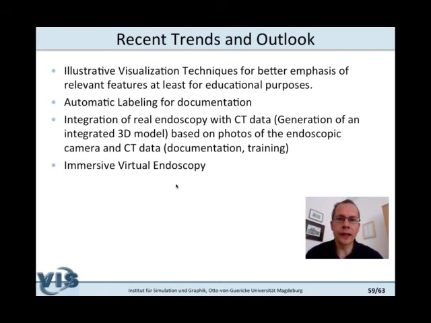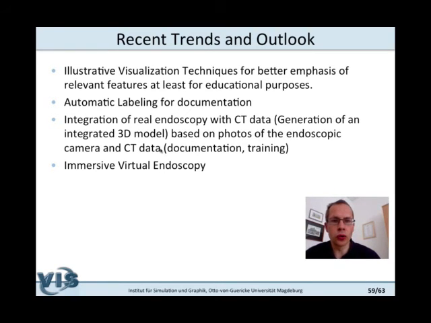My outlook has 4 components. I want to show some examples of using illustrative visualization techniques like silhouette rendering and hatchings to emphasize features in virtual endoscopy. I also want to comment on how CT data and endoscopic data may be combined for documentation.